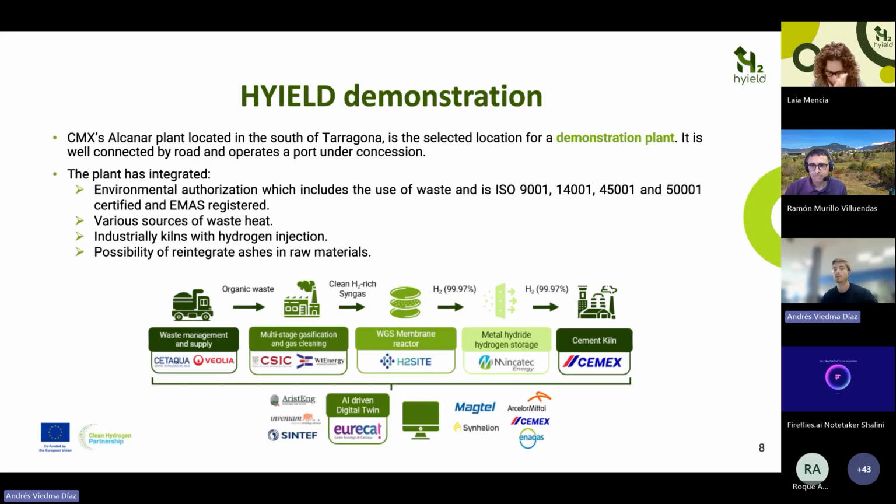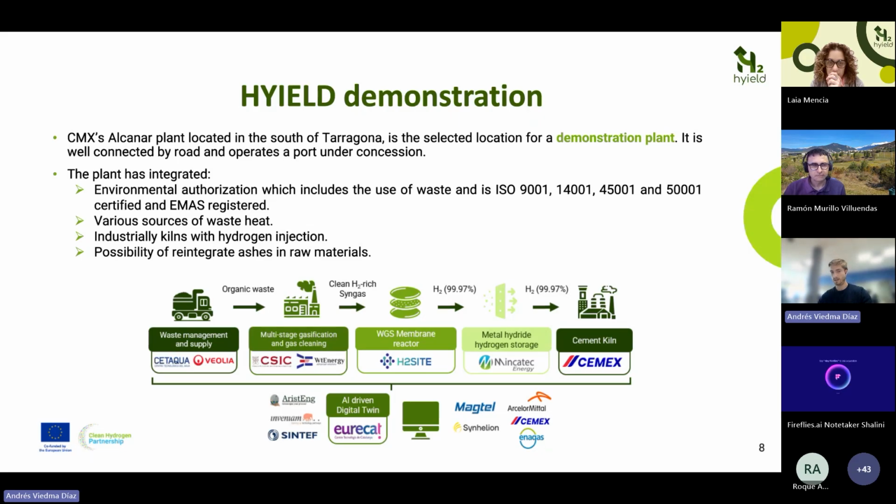The whole idea of HYIELD is to use this waste that is produced. CSIC and Veolia are the main partners in charge of these parts of the process. They are the ones in charge of the management and supply of this waste.